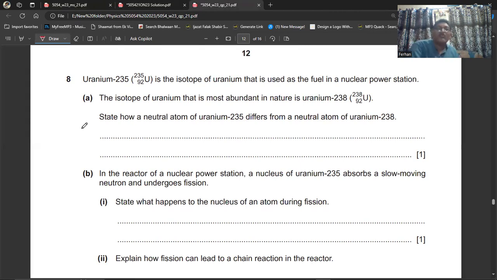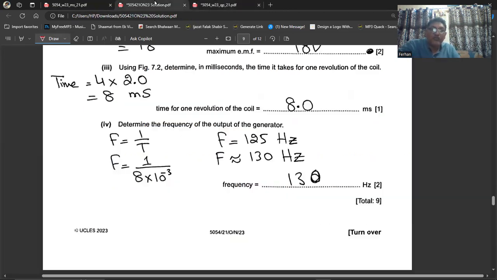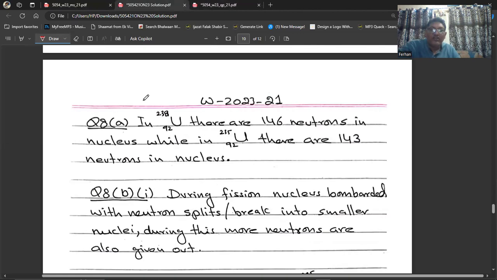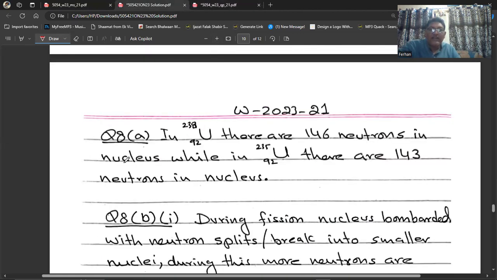You see, they are the isotopes of each other. So in their nucleus, they have the same number of protons, but the difference is in the number of neutrons. Here from 238 subtract 92, and here from 235 subtract 92. That will give you the number of neutrons. So here is my written answer.